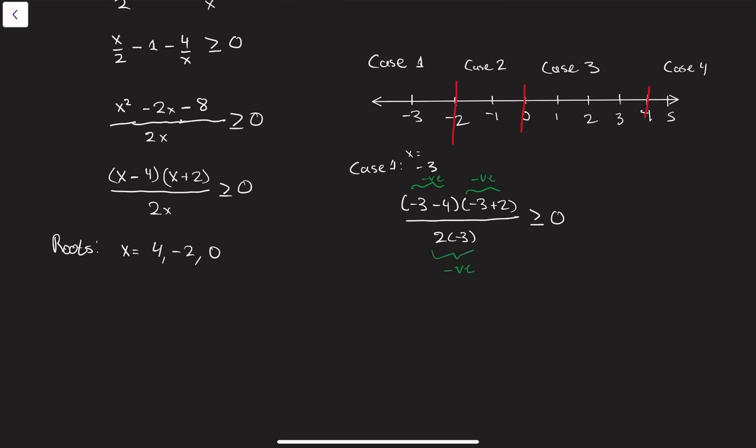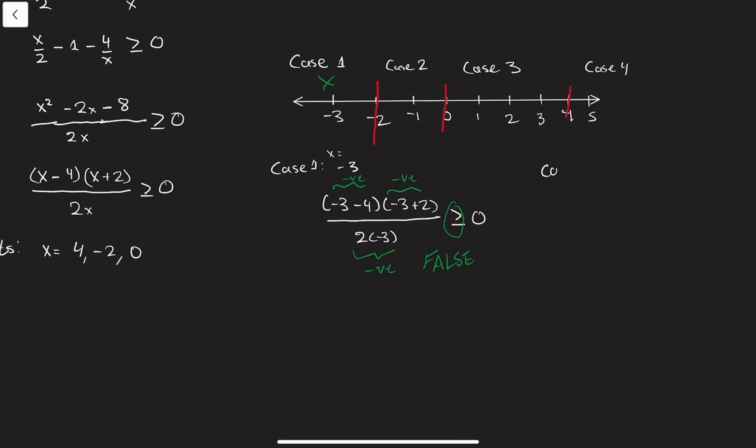A negative multiplied by a negative is a positive. So on the top, we have a positive, but divide that by a negative, we have a negative number. A negative number can never be greater than or equal to 0. So we know that this is false. So that eliminates case 1. Let's put an x by case 1.